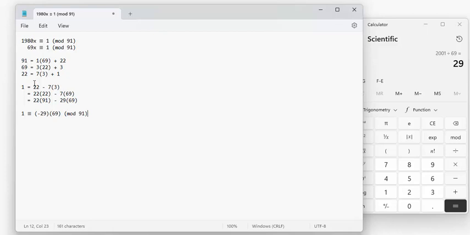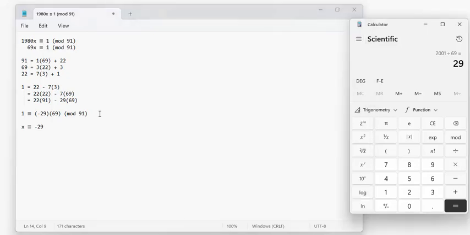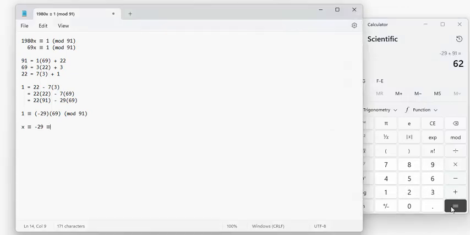So obviously in this case, x is negative 29. x is congruent to negative 29 mod 91, so we have to make it positive, less than 91. Negative 29 add 91 is 62, so x is congruent to 62 mod 91.